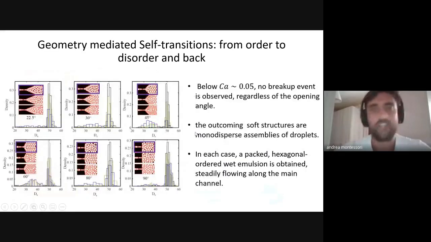What we found is that below a given capillary number, which I told you to be 0.05, no breakup event is observed, regardless of the opening angle, and so the resulting structure is a monodisperse assembly of droplets.